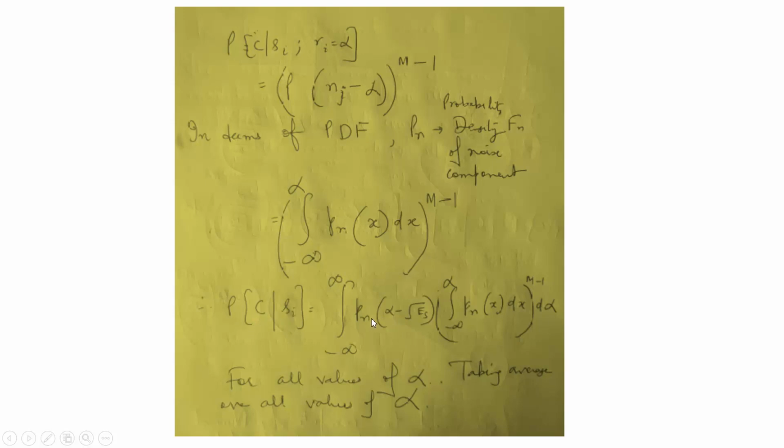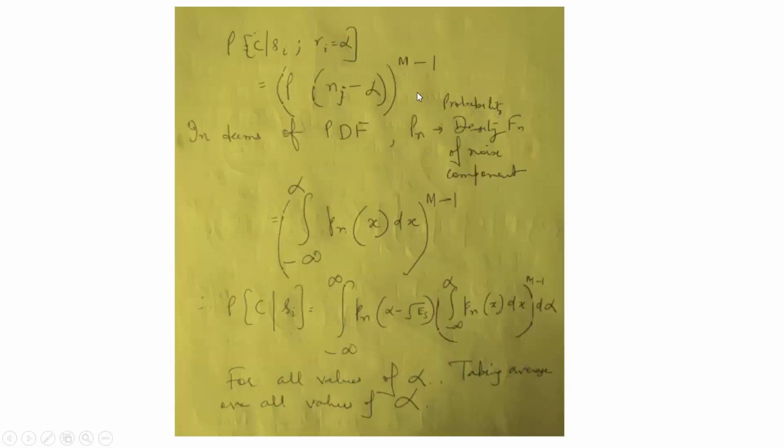It will be given by Pn(alpha minus under root Es). Now this value is for one alpha, and alpha will also have many values, so we will have to average out the value, and the integral will range from minus infinity to infinity of Pn(alpha minus under root Es), taking the average over all values of alpha, with respect to d alpha.